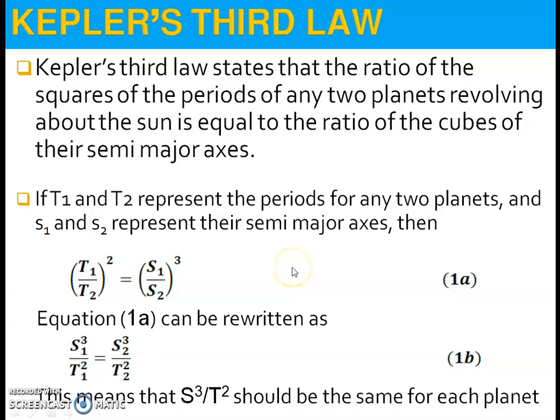This equation 1a can be rewritten as shown in equation 1b. This means that S cubed over T squared should be the same for each planet.